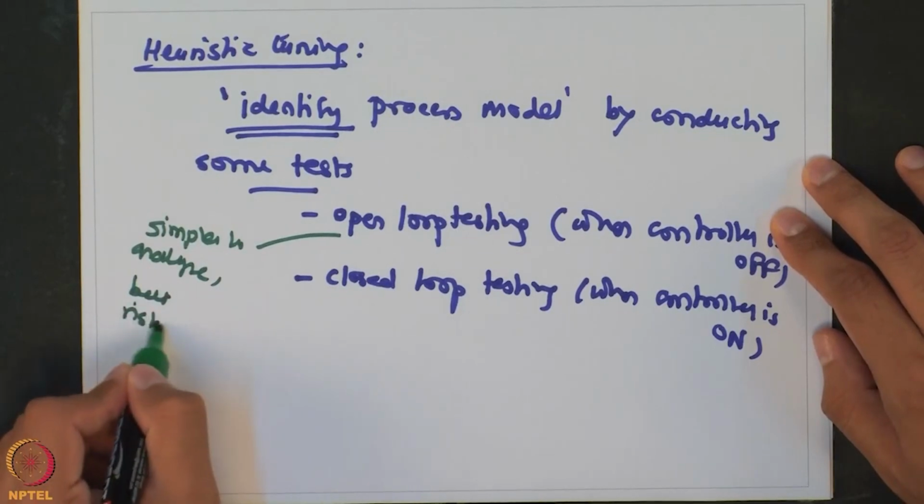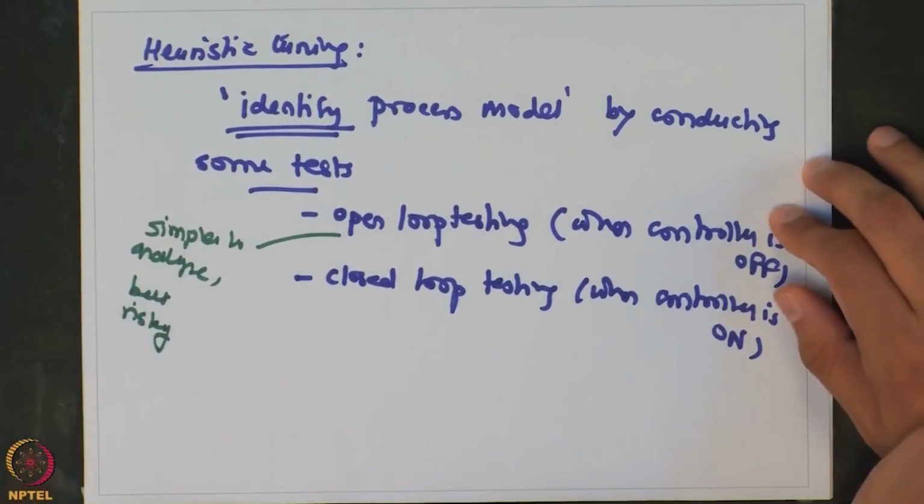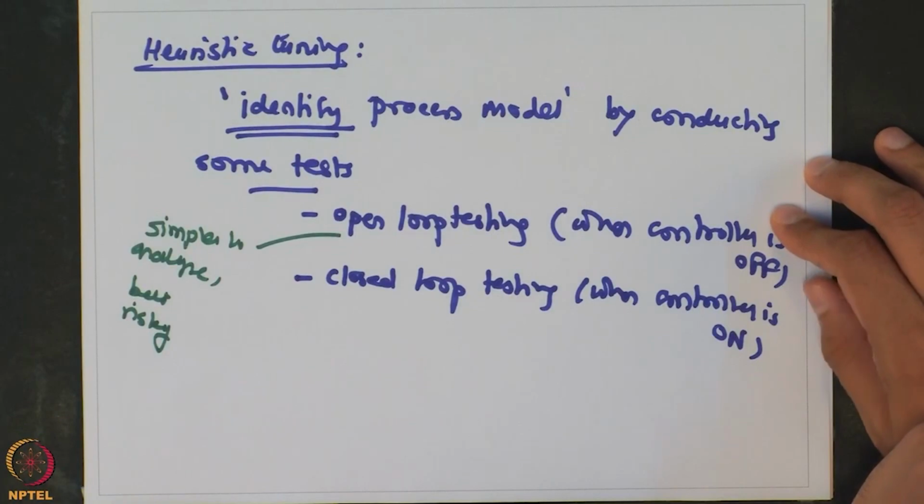But risky, because you are switching off the controller, so there is no guarantee that the system would remain stable or your product would remain close to your set point value. So you are putting a lot into the hand of the operator, and if the operator is not experienced, he may drive the process towards instability.